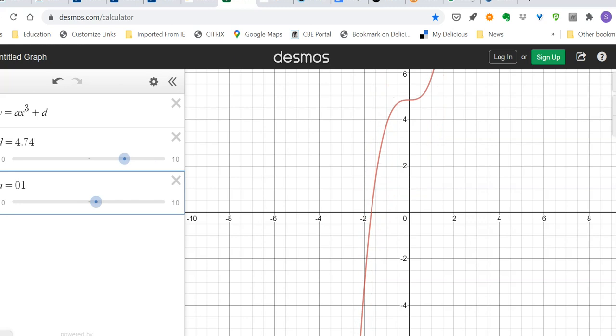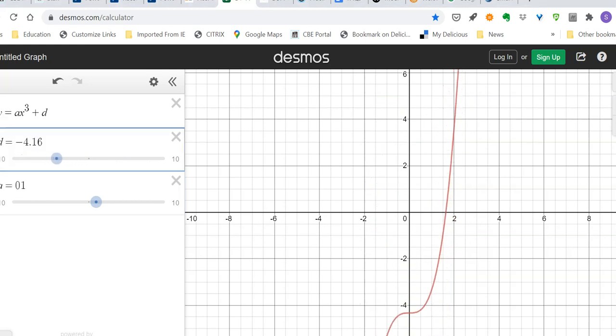What's d doing? How's it moving? See, this one's obvious, it's up and down, right? Because it has that particular little shape there, that little curve in the middle. It's actually moving exactly the same as the linear, right? But with the linear, it's kind of like, well, it's just a straight line. I can't really tell if it's left, right, or up, down. It really is kind of both.